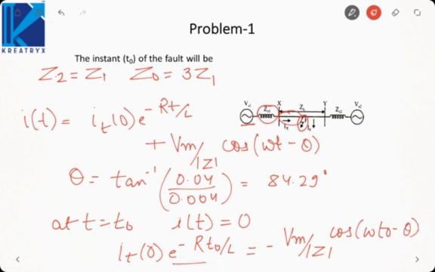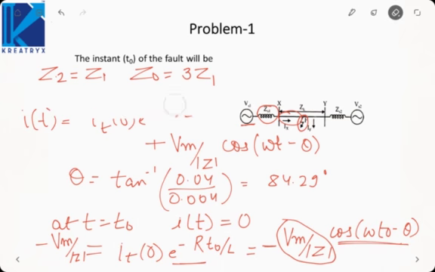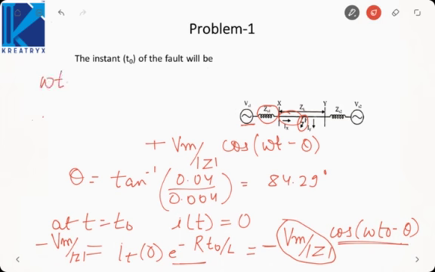Now this is the decaying DC offset current. It must be negative, so the negative sign is coming here, and equal to the maximum initial value. The maximum value of this current will be Vm by mod Z because cos can be 1. So this should be equal to minus Vm by mod Z, which implies that the term inside the cos should be equal to 0 because cos must be equal to 1. That means omega t0 must be equal to theta.